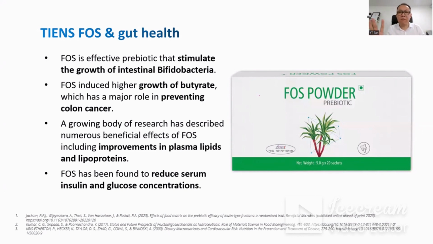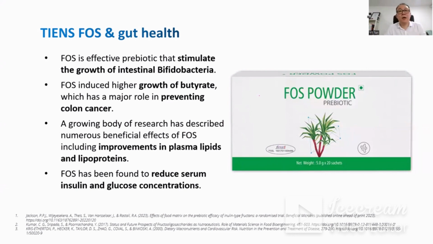Inulin has about 50 to 100 molecules in the chain, but FOS only has 10 to 20, so it's shorter and easier to ferment. So FOS is an effective prebiotic that stimulates the growth of intestinal bifidobacteria. Of course, because it is easier to ferment, we can say it is more effective.